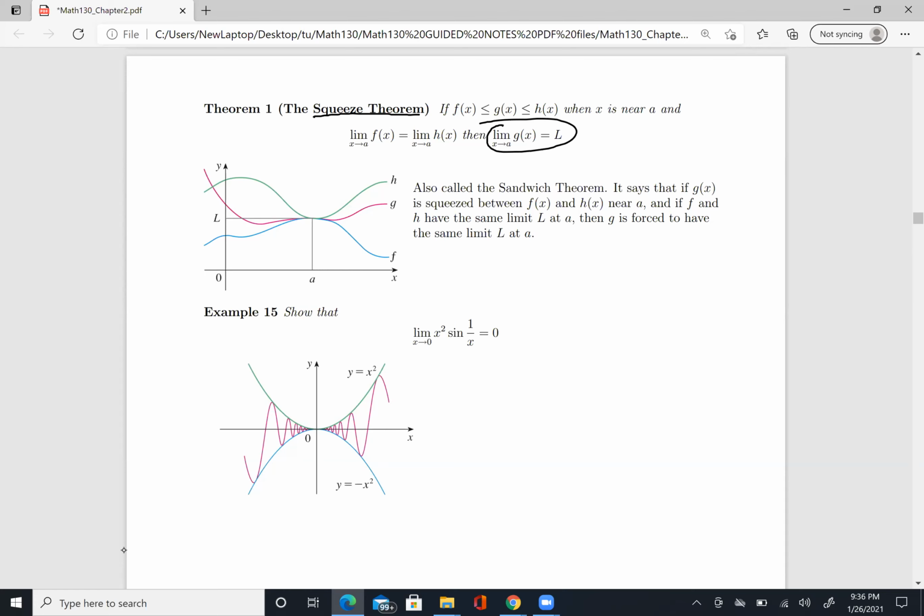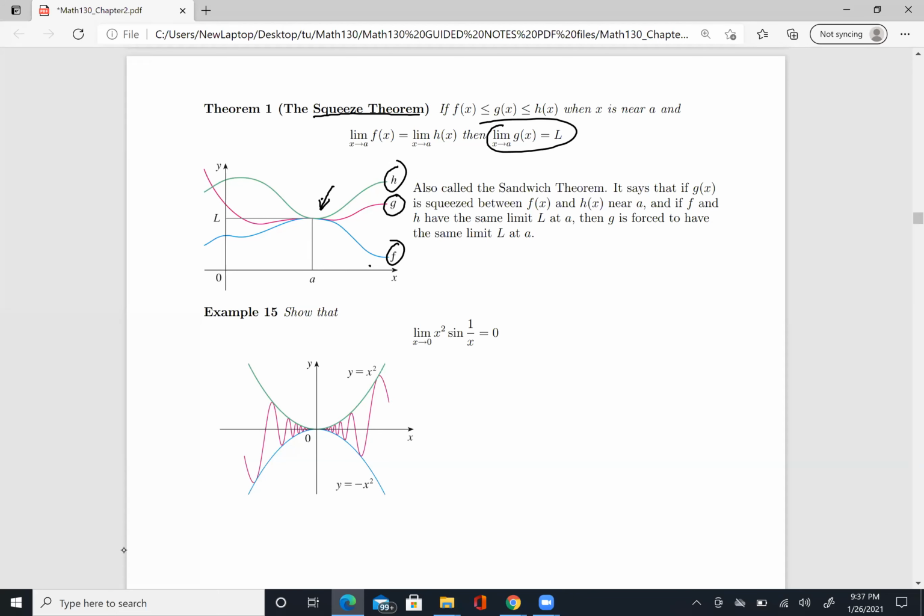Okay. So you can see the graph over here. The blue one is f, the red one is g, and h is green. And you see that when the limit of f of x equals the limit of h of x, it actually is at x equal to a at this point.